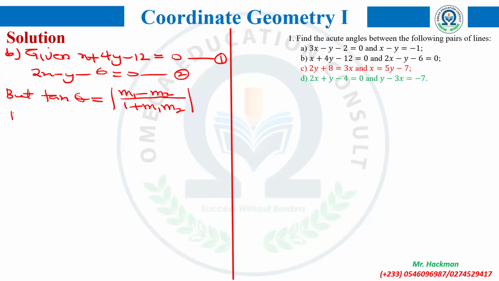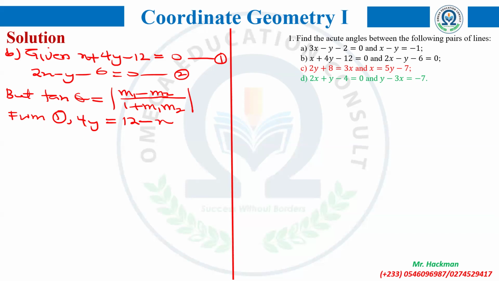So I will go and write from, okay, 1, I need to make y the subject. So y is positive here. I will maintain it. 4y will be equal to, move these two. Okay, this will be positive, so I will write that one first. If I move 12, this will be negative. So minus x. Okay, I haven't made y the subject yet. So I'm now going to divide by 4.